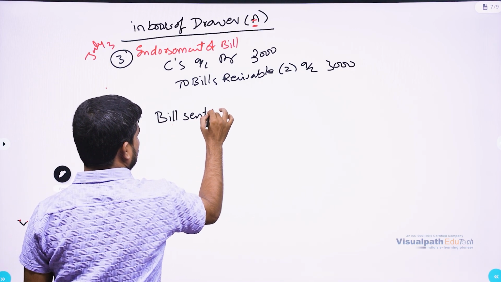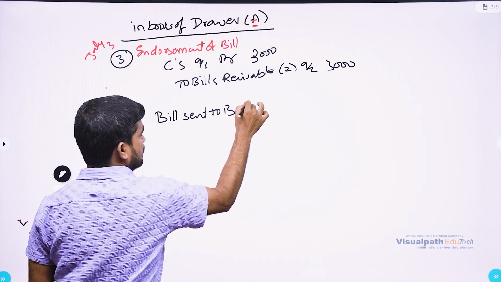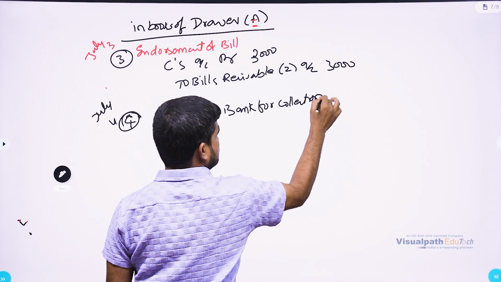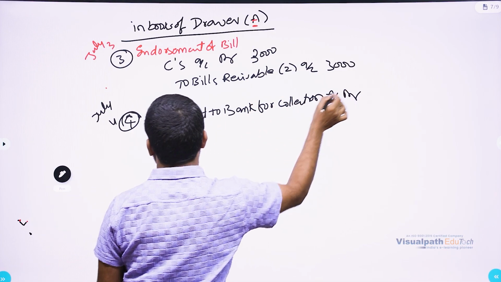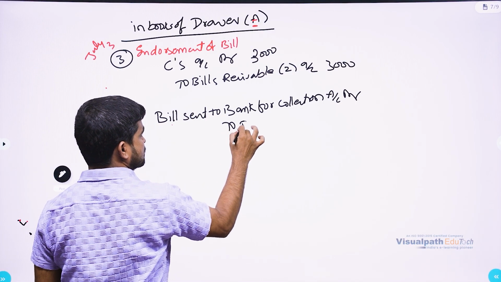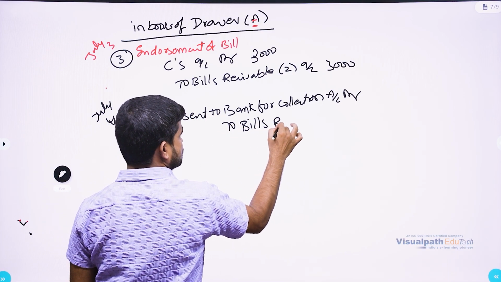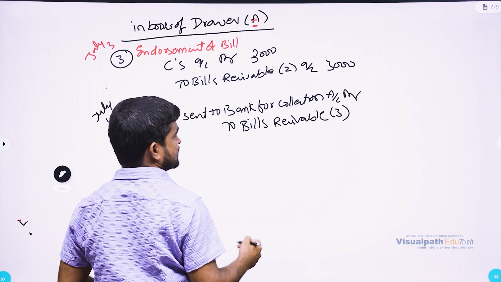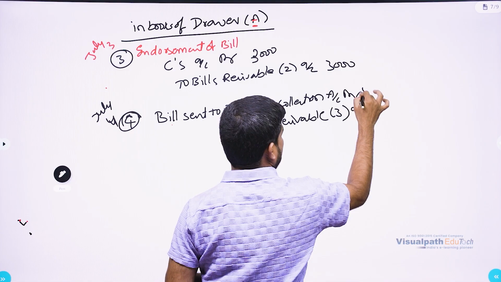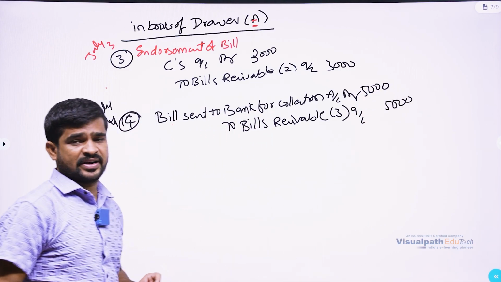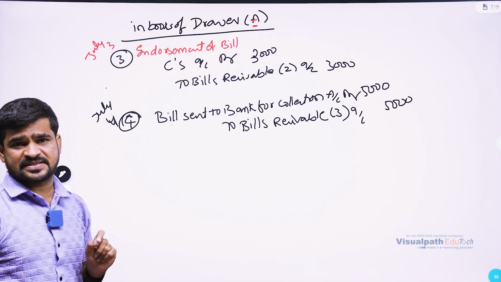Bill sent to bank for collection account, on July 4, debtor to what goes out here? Bills receivable account, bill number 3. How much is the amount of the third bill? Which is 5000.